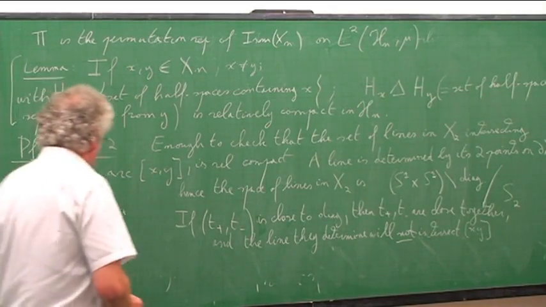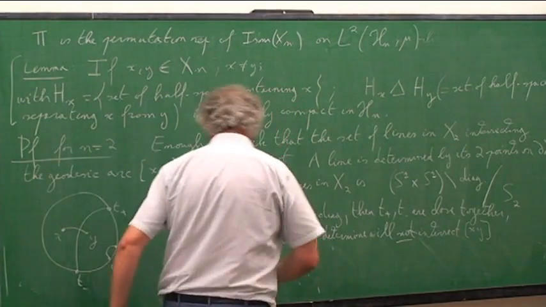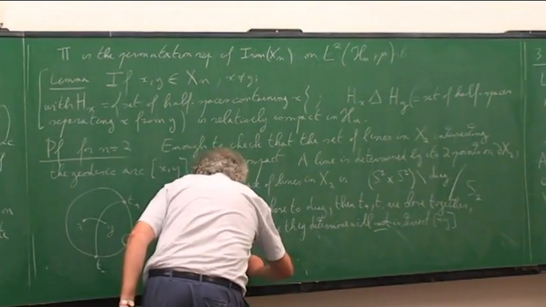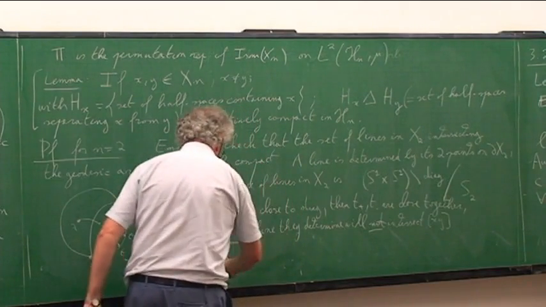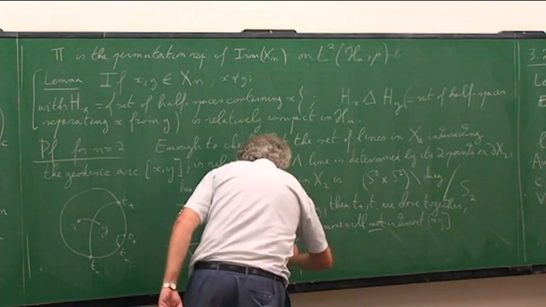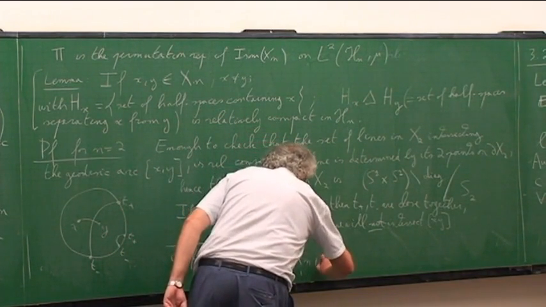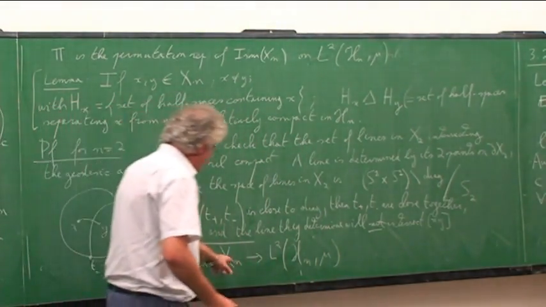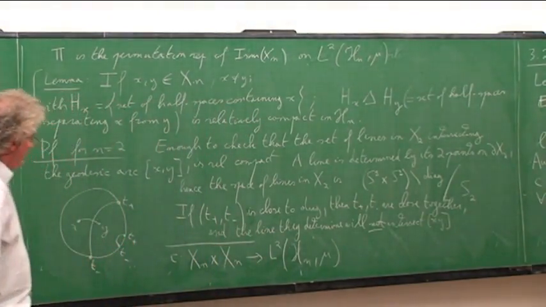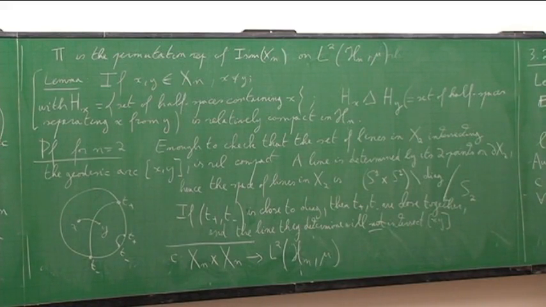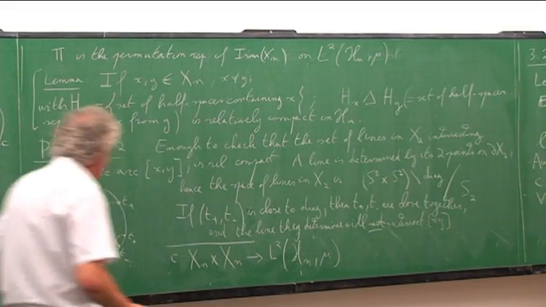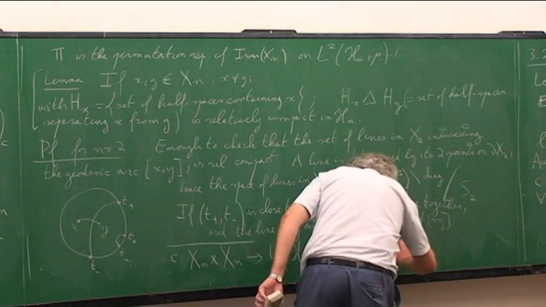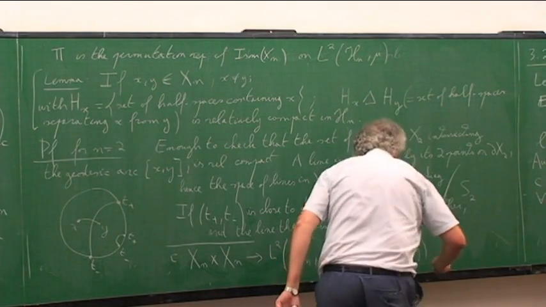And using this lemma, I may define a two-variable map from Xn times Xn to L2. So remember what we did in the case of trees. So here we are playing with the same idea. We map a pair xy to C of xy. And what is C of xy?